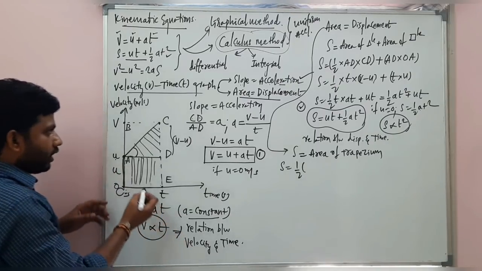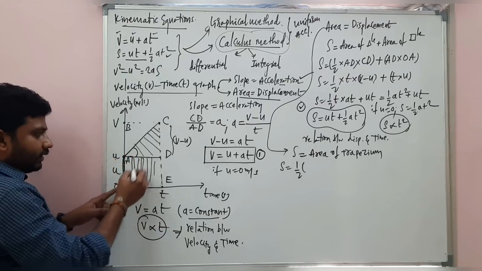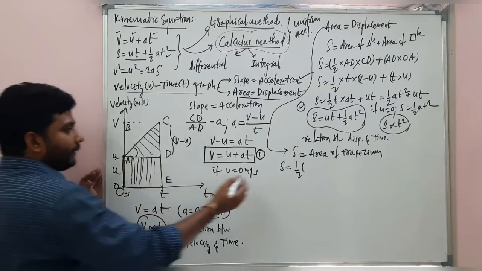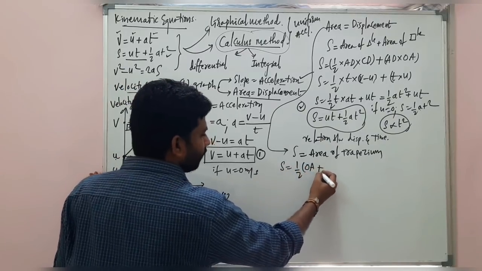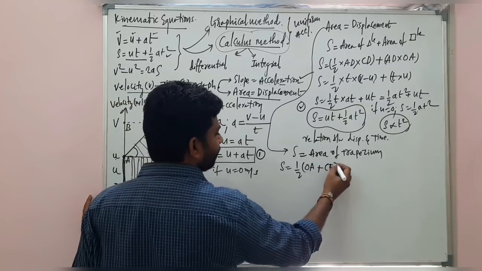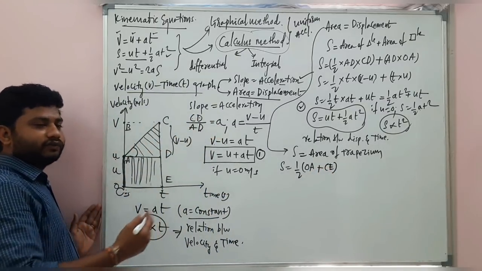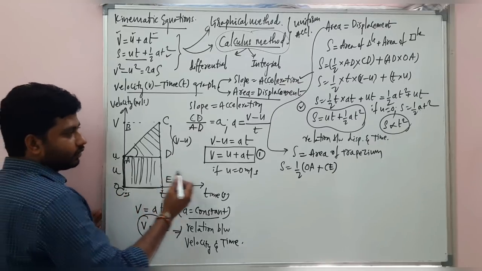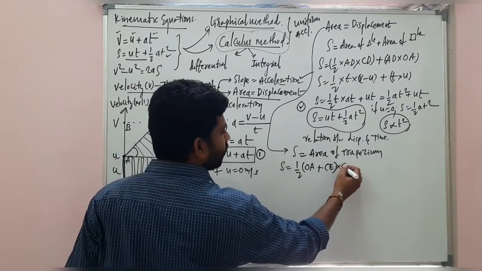This is one parallel side, this is the other parallel side of the trapezium. This is OA plus this is CE, into the height of the trapezium. This is called the height of the trapezium. It's OE, right?